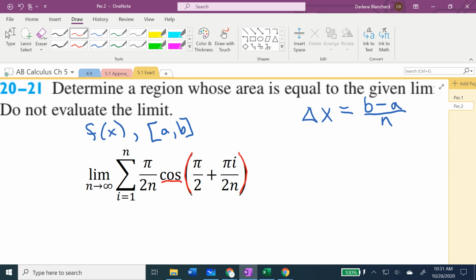What I see here is a delta x and an f of x sub I. Are you starting to see it? If all of this is my f of x sub I, that would make this my delta x.